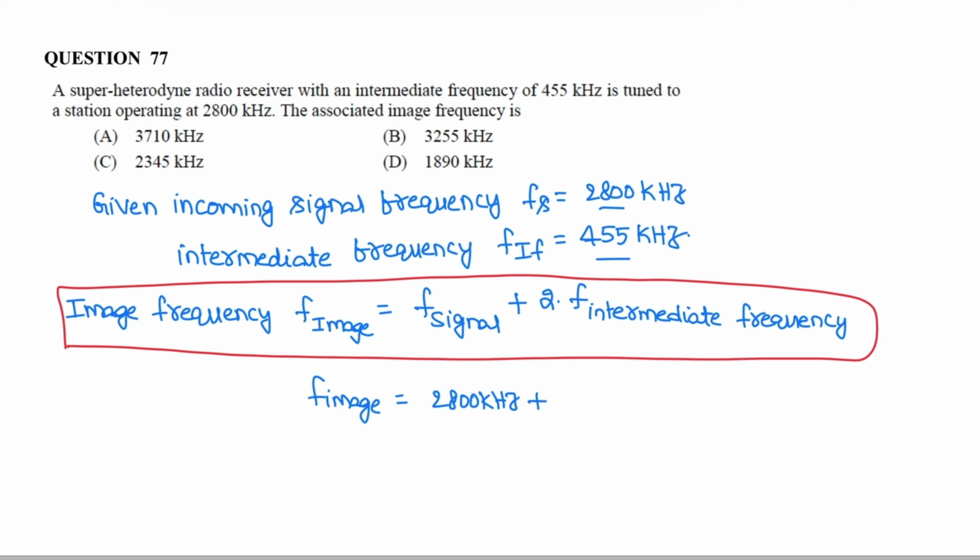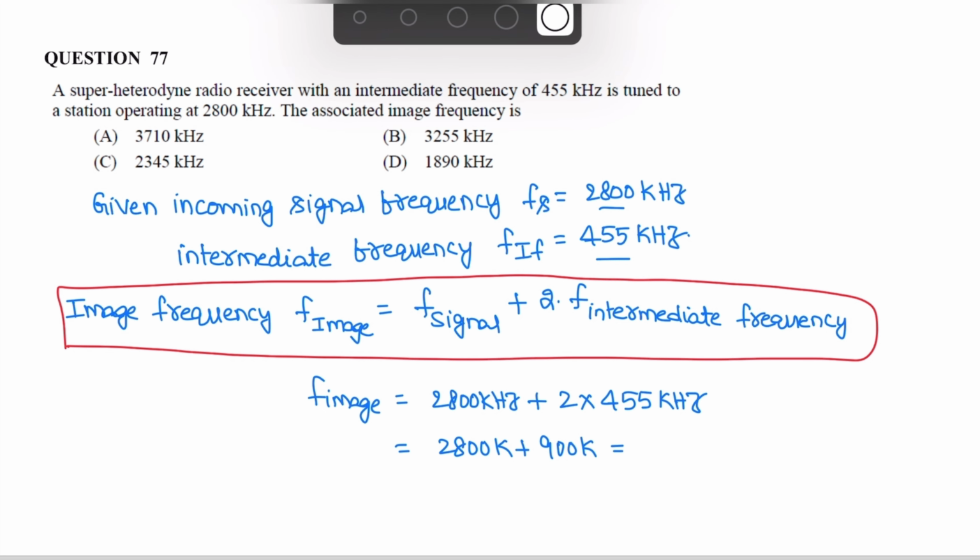That is 2 into the intermediate frequency 455, which is 910 kilohertz. So 2800 kilohertz plus 910 kilohertz is 3710 kilohertz. The correct option is 3710 kilohertz, so that is A.